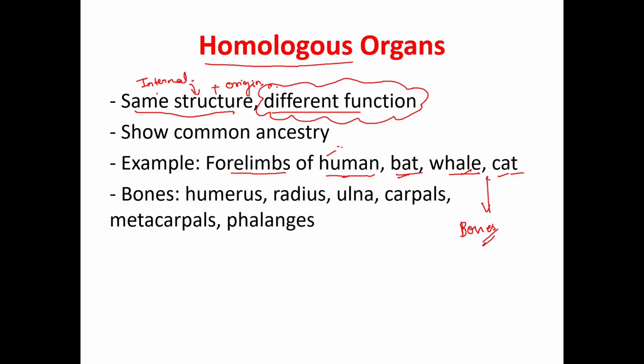Human hand does writing, bat flying, whale swimming, and cat walking. So these are different functions but with similar internal structure. These organs are called homologous organs.